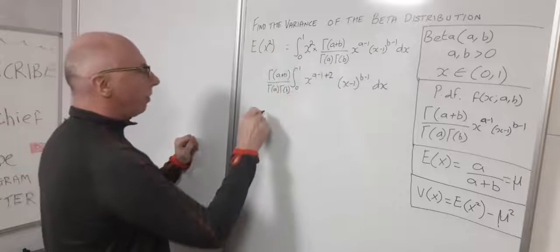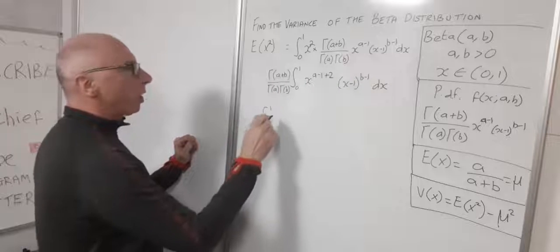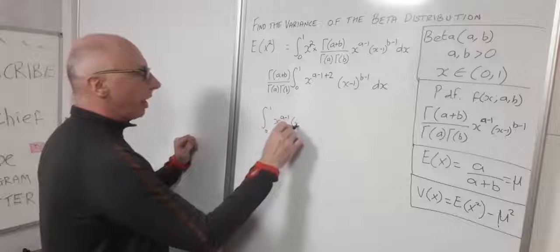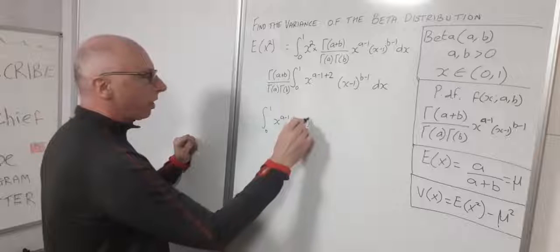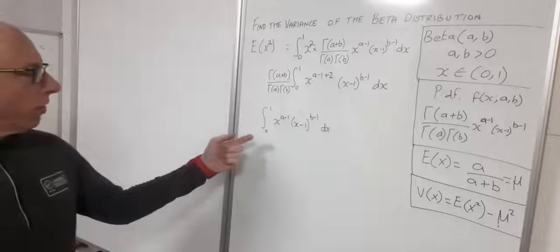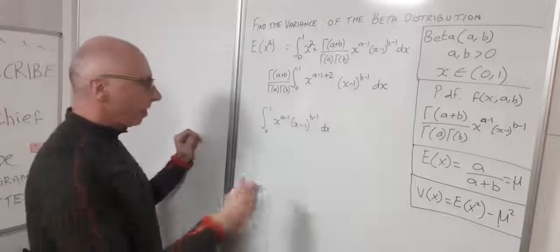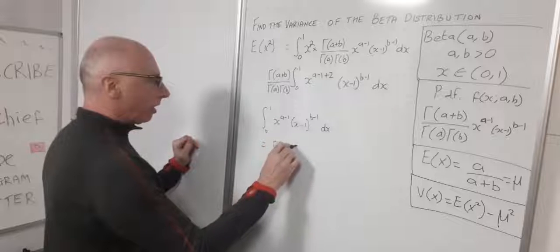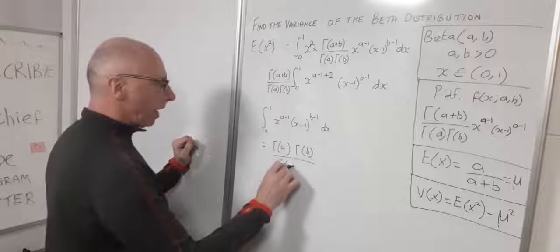If I take what's inside this integral, from 0 to 1, x to the a minus 1 times (x minus 1), let's write that as (minus 1), to the b minus 1 dx, the result of this will give us the reciprocal of this gamma fraction. So that will give us gamma A, gamma B, divided by gamma A plus B.